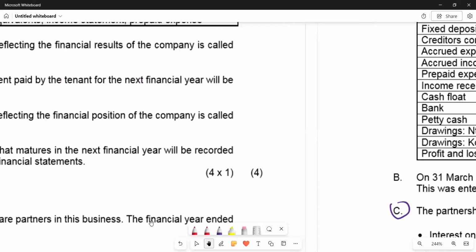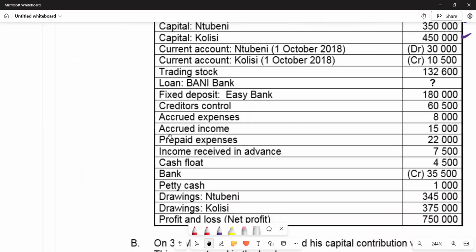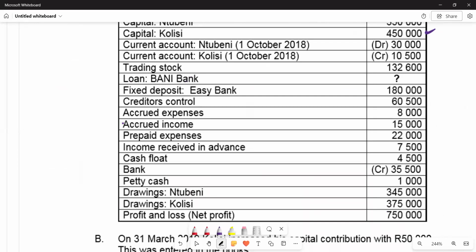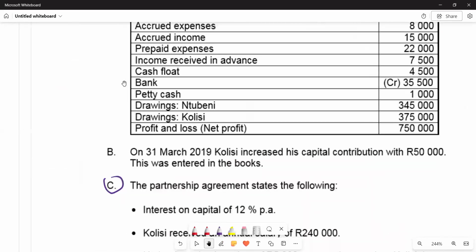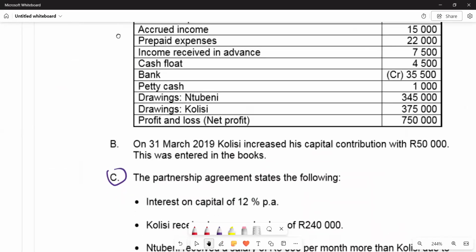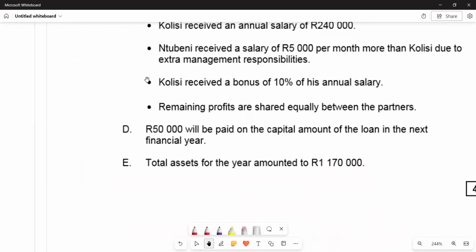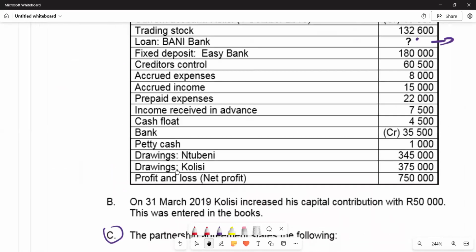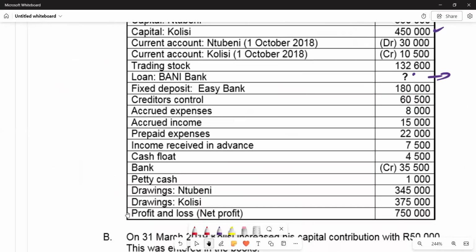So we go to the list of balances again, and we see that the loan is here for Bani Bank. It's a question mark. If it's a question mark, you can go to additional information to see if there is any hint for finding that loan balance. But if you go through, there's nothing that we can use to calculate this loan balance. In that scenario, it means we are going to find it as a balancing figure.